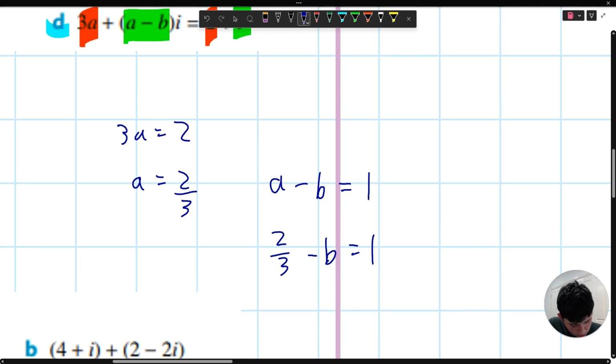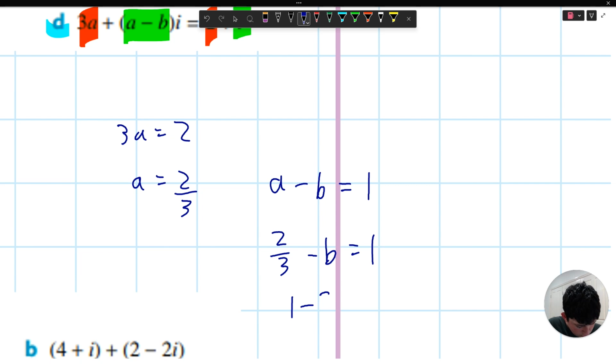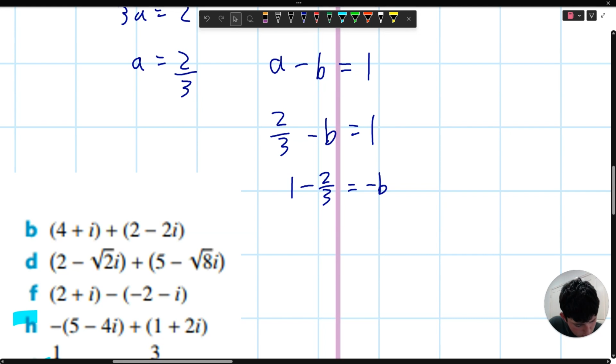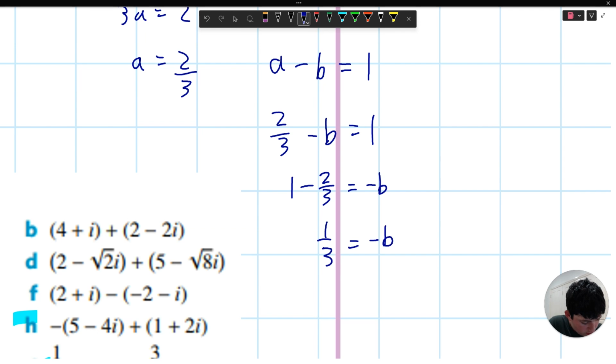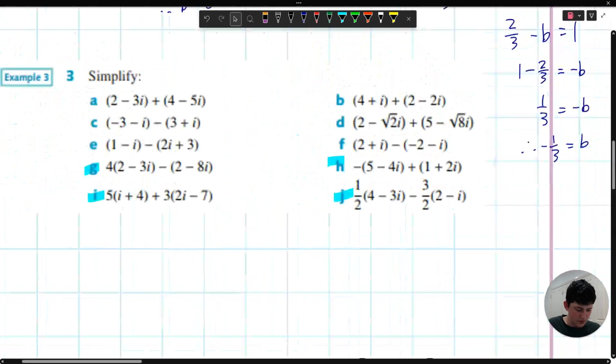And then we can go 1 minus 2/3 is equal to negative b. And so 1/3 is equal to negative b. Therefore, negative 1/3 is equal to b. Simple enough? Okay.